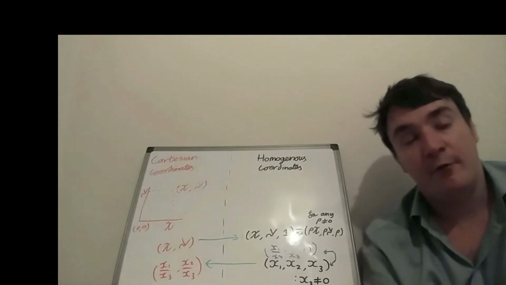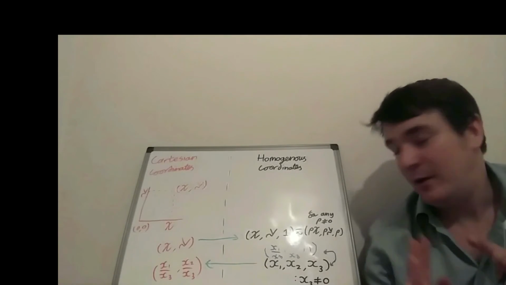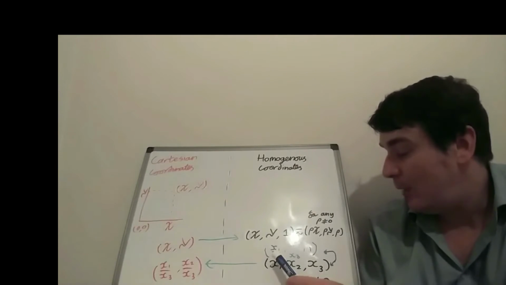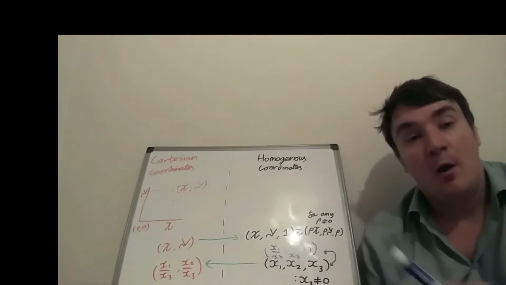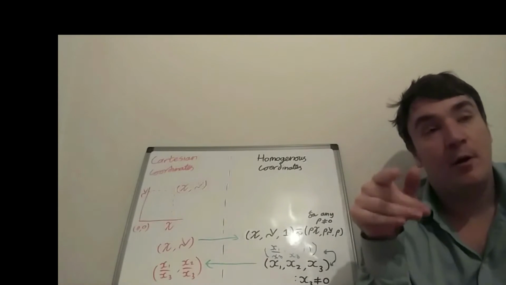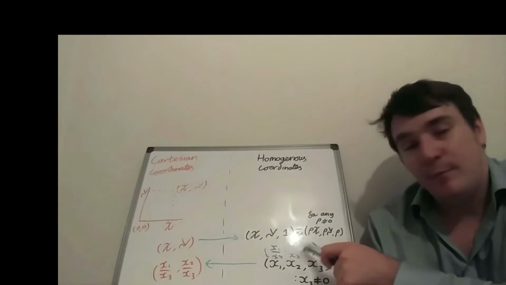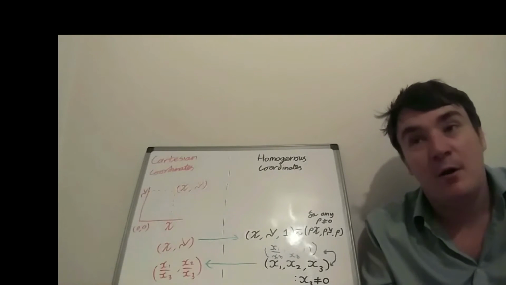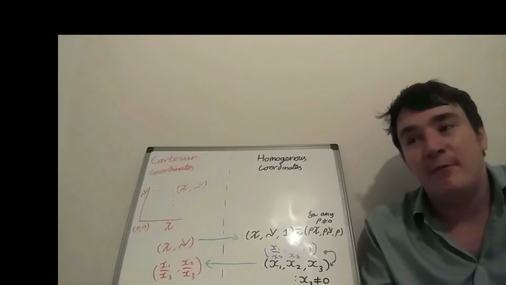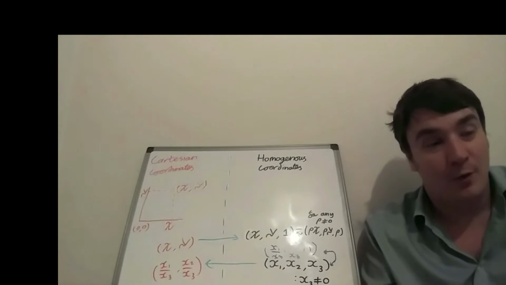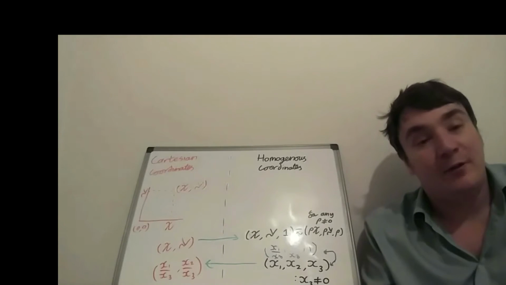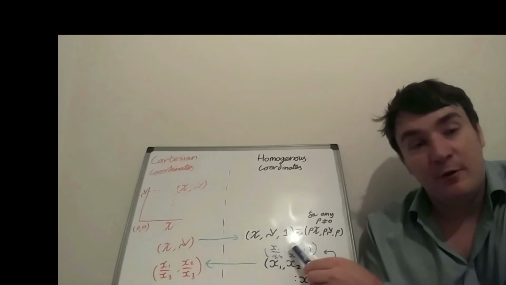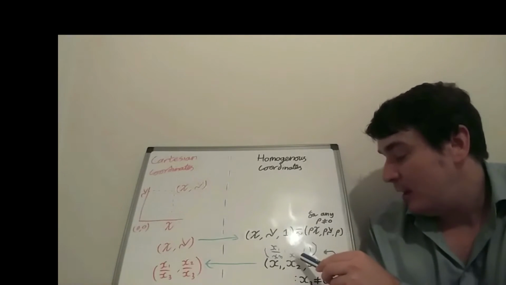And to get a vague sense of what I'm talking about, consider these quantities. When x3 is equal to 0, we are dividing a number by 0. Of course, we wouldn't technically be able to use this argument because you're not supposed to be able to divide numbers by 0. But you can see that when you're dividing a number by an increasingly small number, the result gets larger and larger. And so in some sense you can see that there are infinities appearing in this expression when x3 is 0.